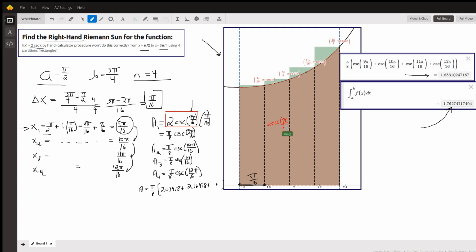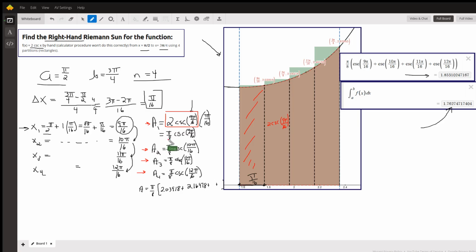And length times width gives you the area of this first rectangle. I can see that 2 times this width is going to reduce to pi over 8 every time. And so there are the values for each of the areas. Add those together and you've got the estimate.